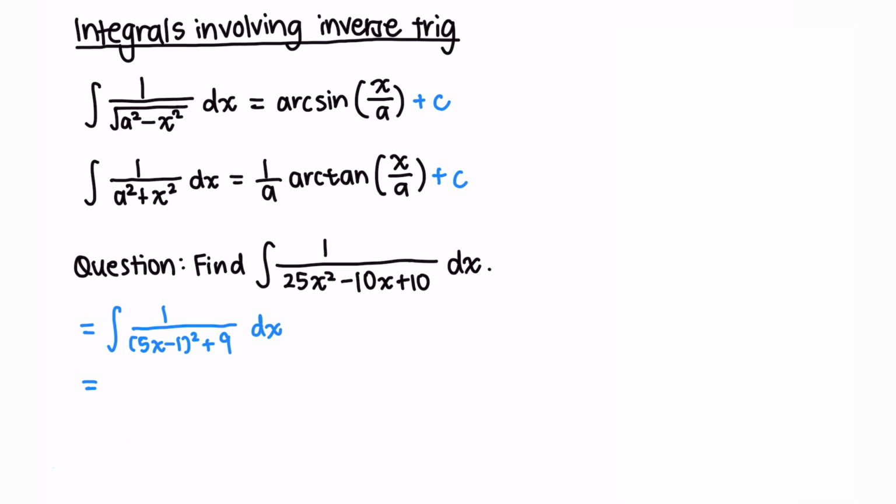So over here, what we get is 1/3, because that's your 1 over a squared is 9, so a is just 3. And then by the reverse chain rule, since we have 5 here, we need to divide by 5. And then we have arctangent of 5x minus 1 over a, again, a is 3, plus c.